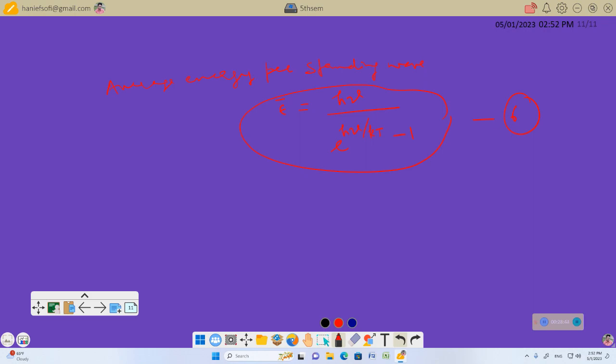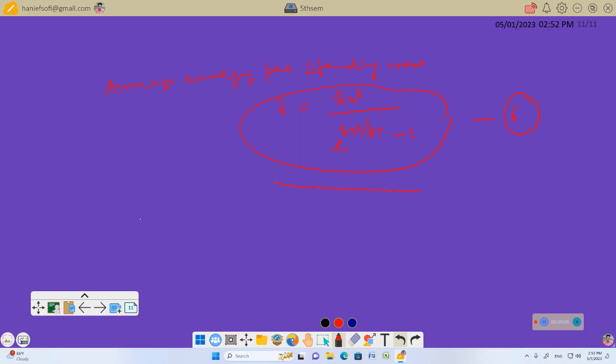So the average energy per oscillator in the cavity wall, and so the average energy per standing wave, turned out to be not kT as for a continuous distribution of oscillator energy, but instead h nu by e raised to the power h nu by kT minus 1.